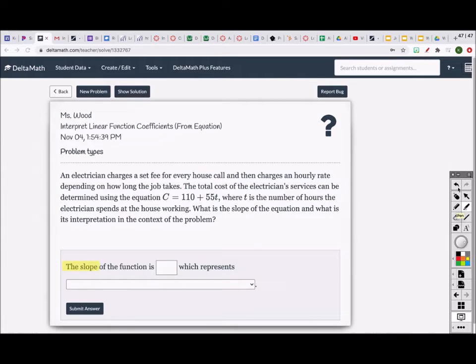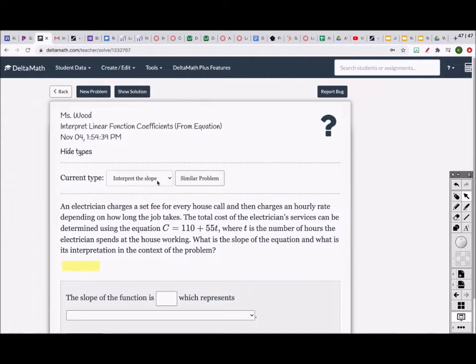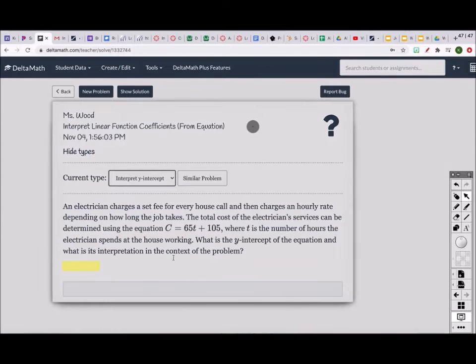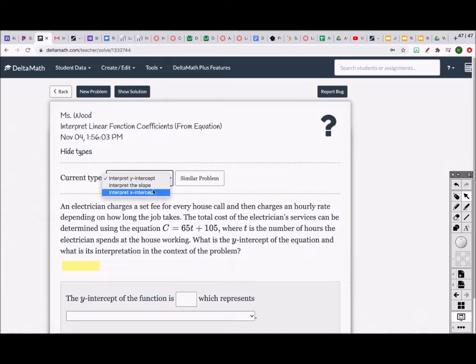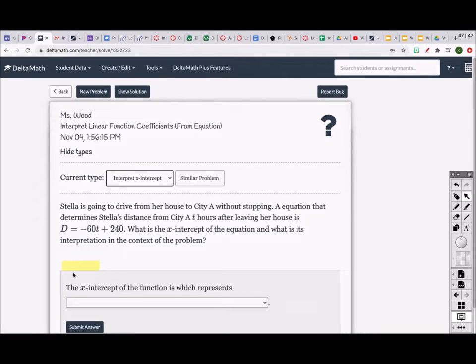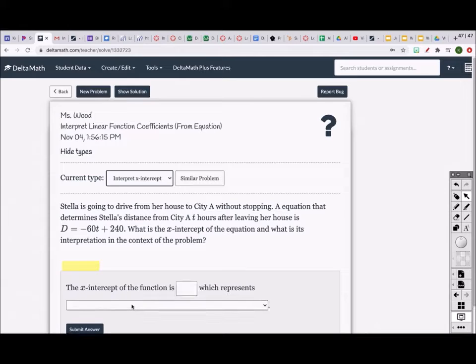There are going to be question types that ask you for the y-intercept. You're going to see it say, what is the y-intercept of the function? And then there are going to be questions that ask you for the x-intercept.